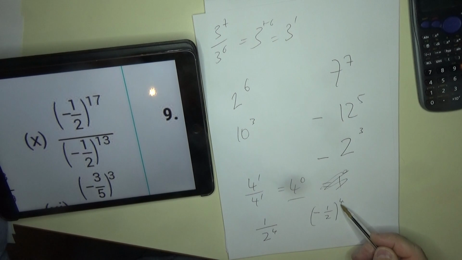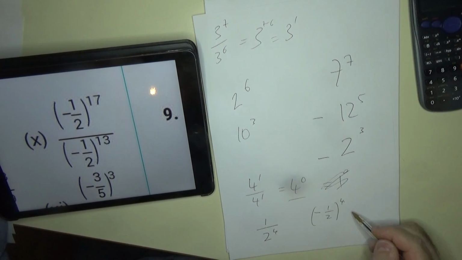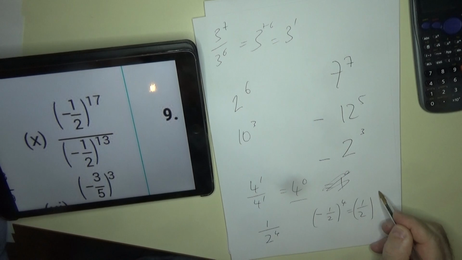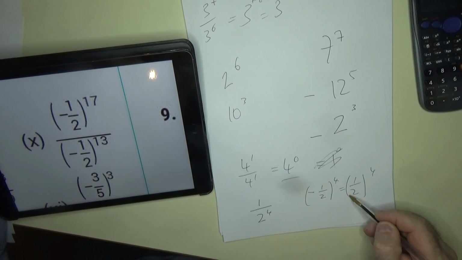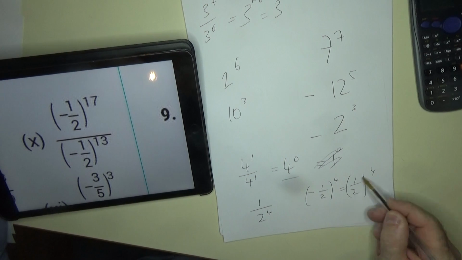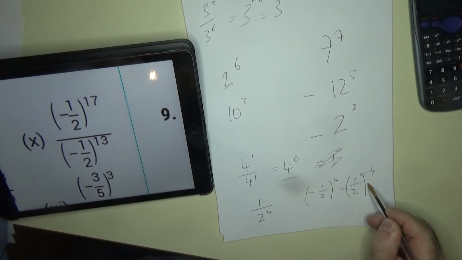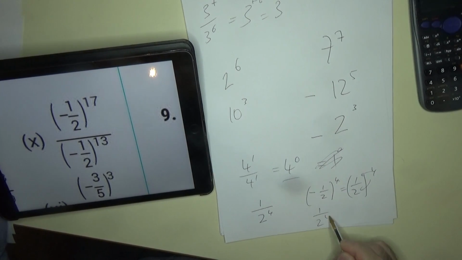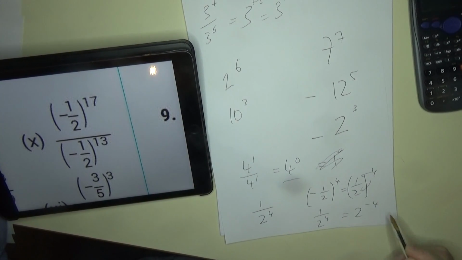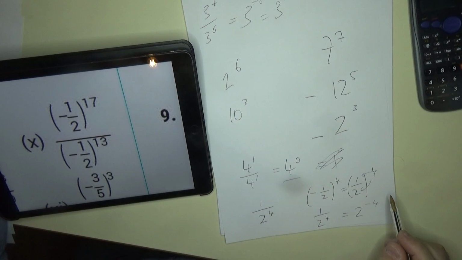Negative to an even power, the negative evaporates. So that's a half all to the power of 4. But this is a unit fraction, so the 1 to the power of 4 is pointless. So you get 1 over 2 to the 4, or you get 2 to the minus 4. Okay.